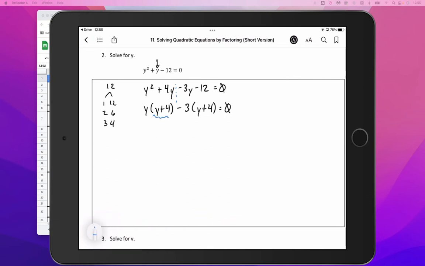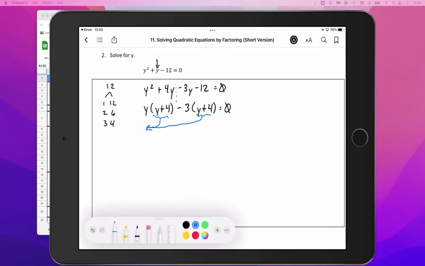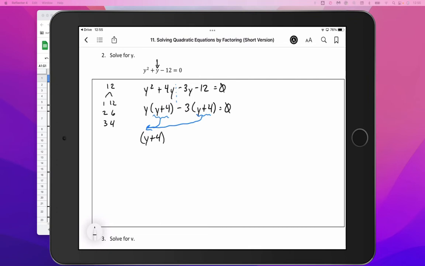The y plus 4s are the same. They will be factored out. There's our y plus 4. And what remains is a y minus 3. And that whole shebang is equal to 0.